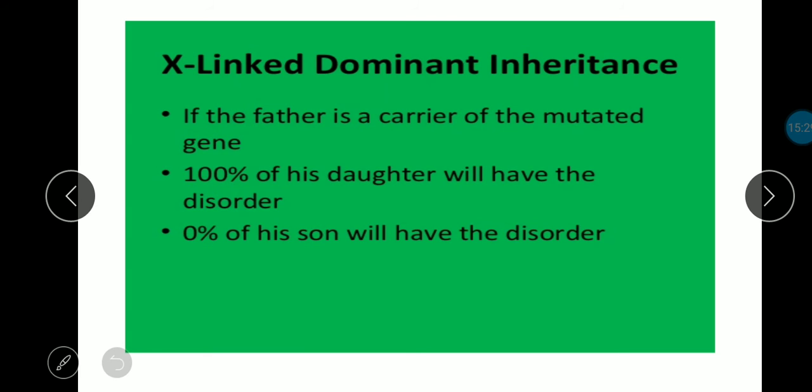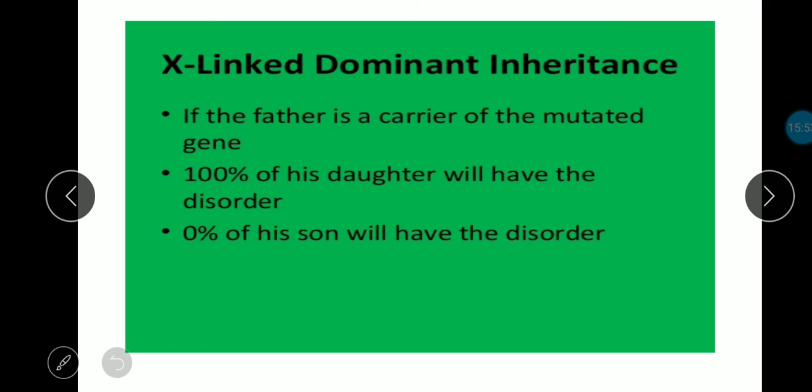If the father is a carrier of the mutated gene, 100% of his daughters will have the disorder, because this X-linked gene is going to the daughters, and at the same time the son will get a Y chromosome.